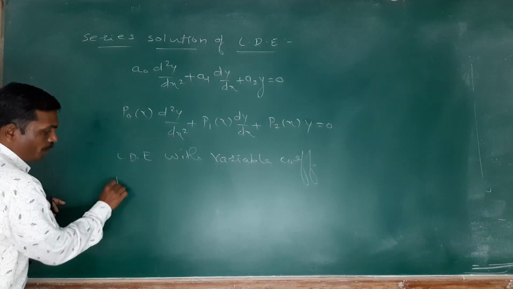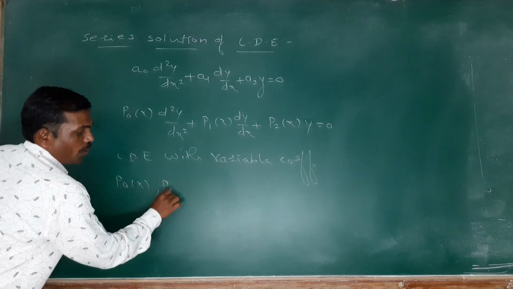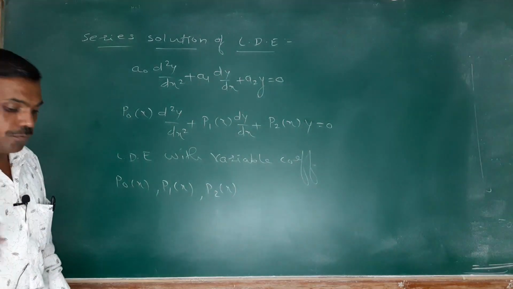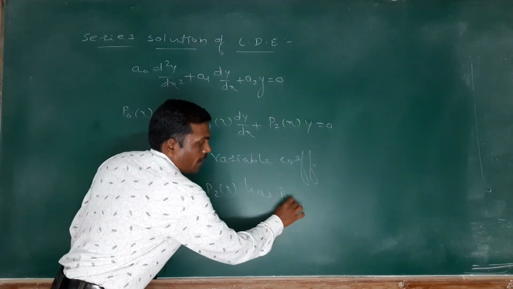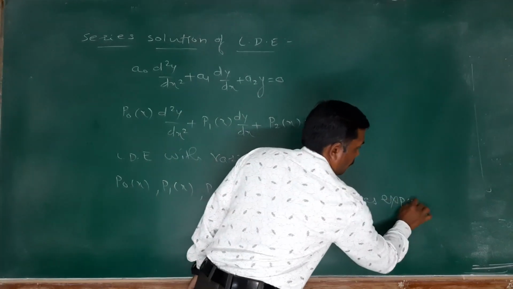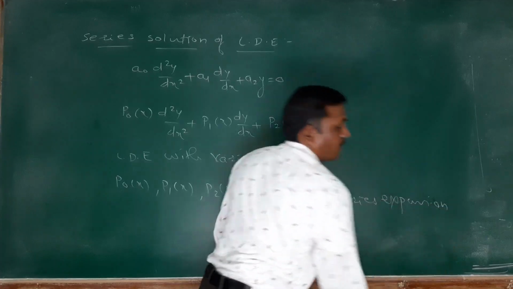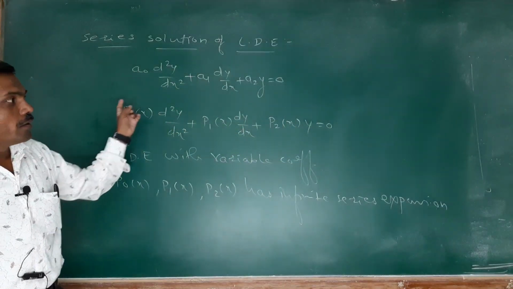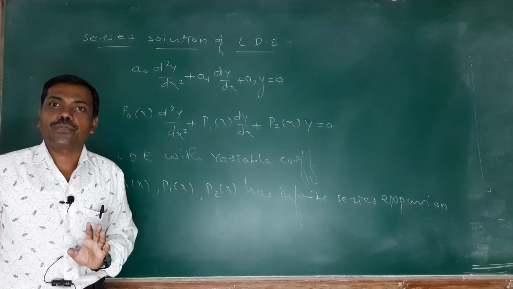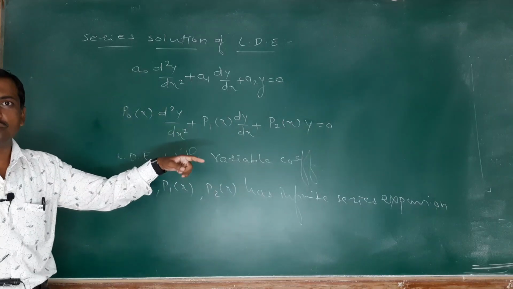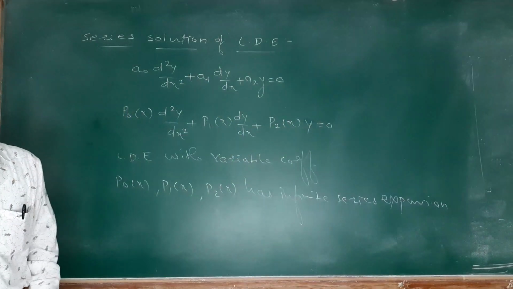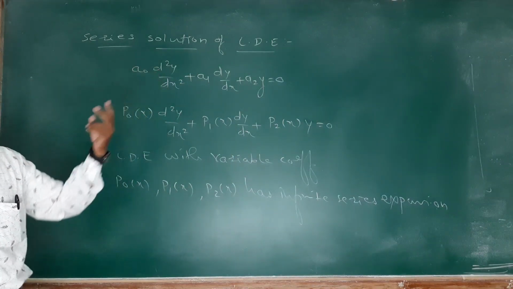If p0 of x, p1 of x, p2 of x have infinite series expansion, then the differential equation associated with these coefficients has a series solution. Understood?